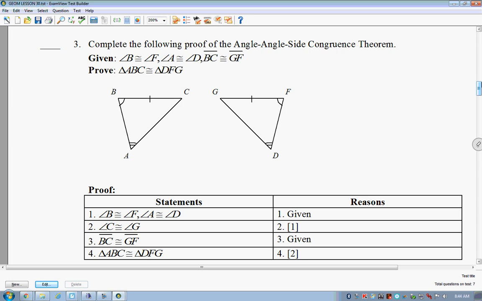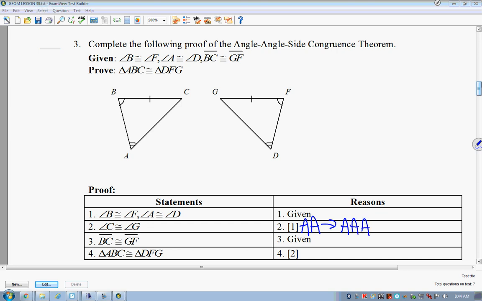They tell me angle B is congruent to angle F. They tell me angle A is congruent to angle D. They tell me that BC is congruent to GC. We've got our given there. Angle C is congruent to angle G. This is what we call the third angle postulate.